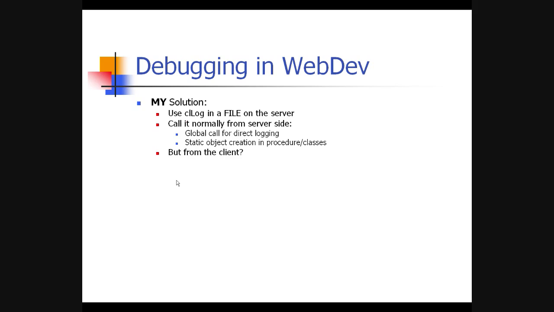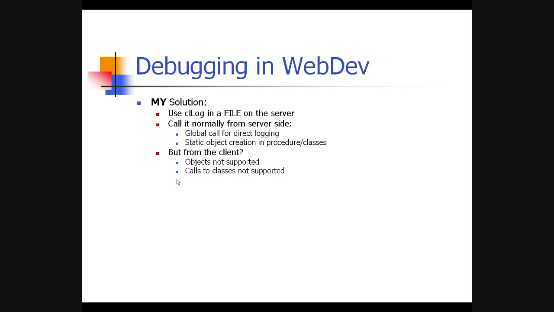But from the client, obviously, all this is going to create a problem. Because first, the objects are not supported on the browser side. Remember, JavaScript only. And the calls to classes even are not supported. I don't know why, because obviously calling one code or another from JavaScript is just a question of telling the JavaScript to do this call and on the other side to interpret what you have to call.